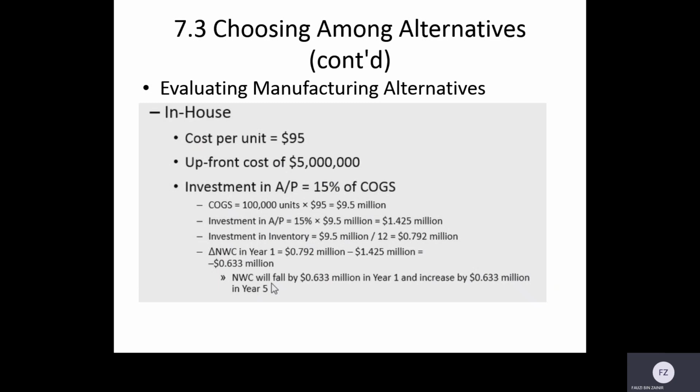So the net working capital will fall by 0.63 million in year one and increase by 0.63 million in year 5. If you look at the changes, it will be an increase in the net working capital by 0.63 million. But since it is a minus, it is expressed here as a minus 0.633 million. So we'll look in more detail in our Excel spreadsheet next.